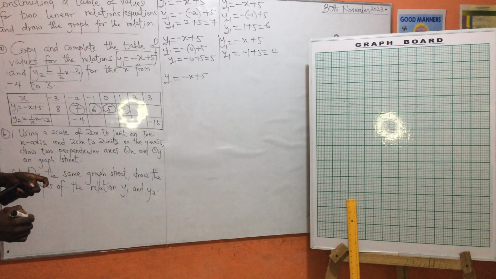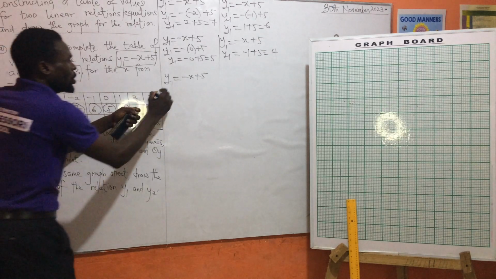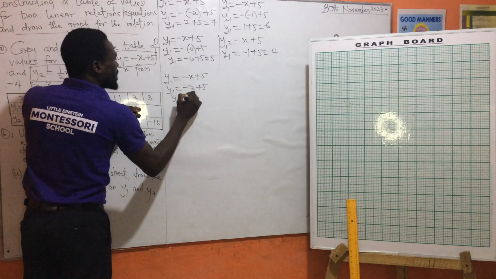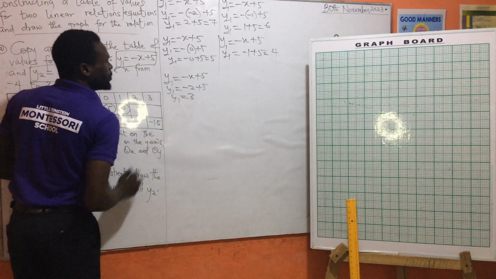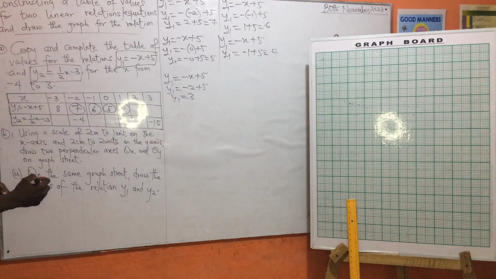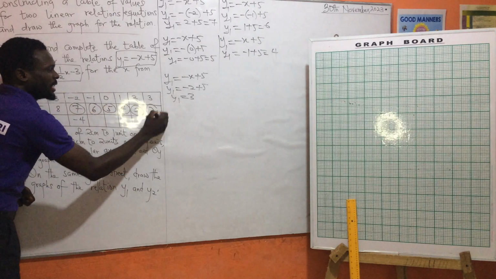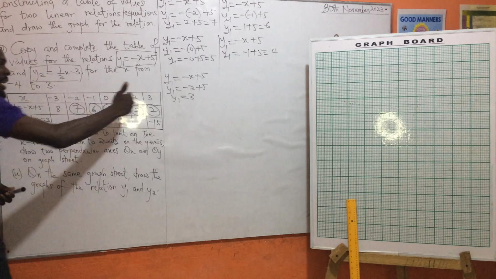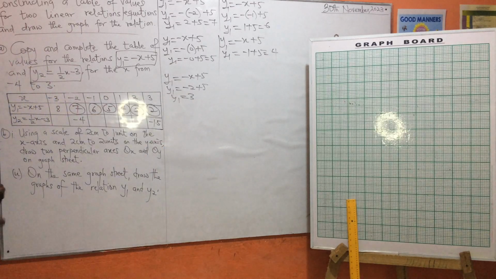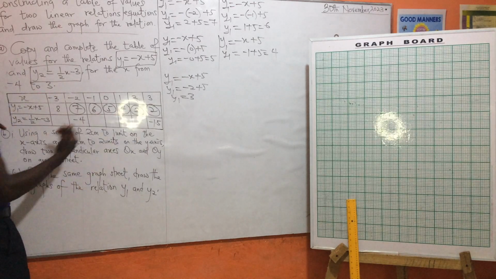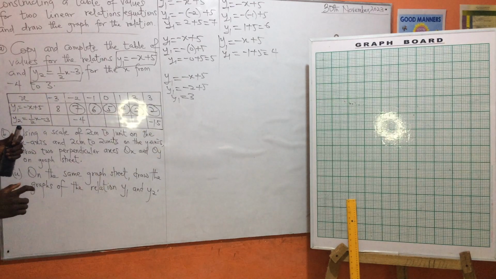This time we are working for 2. So y1 is equal to negative 2 plus 5, which is 3. So this is 3. Then automatically we can detect the next as being 2, looking at how the numbers keep on coming. Now, having completed the y1, we also do the same for the y2.